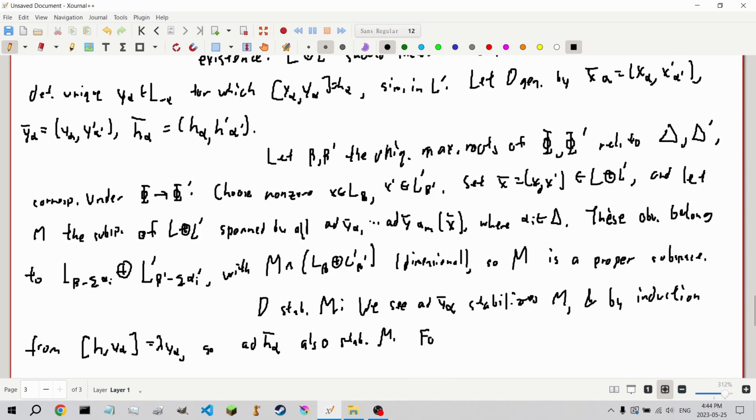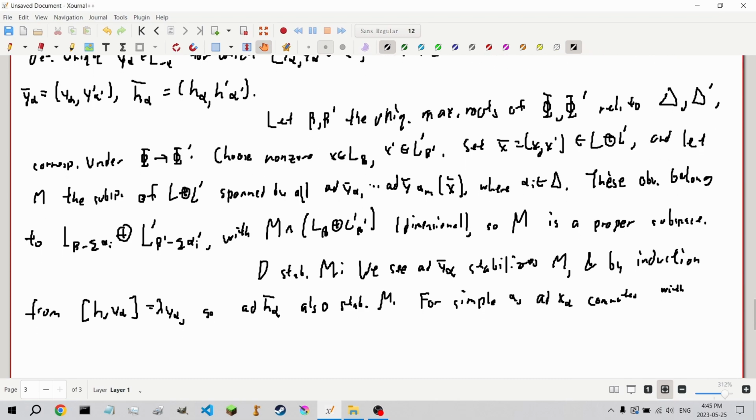Now for simple roots alpha, the adjoint of X alpha commutes with all adjoints of Y gamma unless gamma equals alpha.